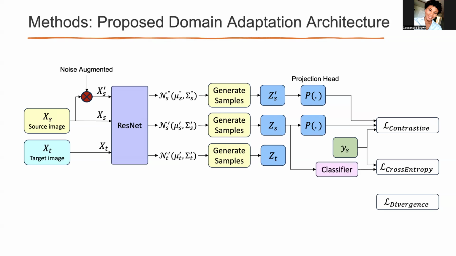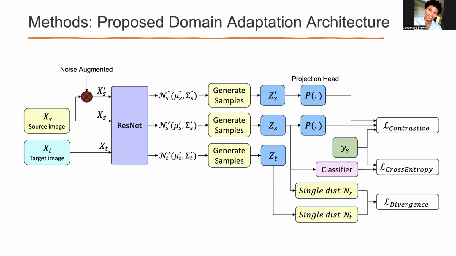And for the cross entropy loss, we only use the source original data, not the noisy version. We train a classifier so that the classifier learns the source image classification, and later we use it for the target domain. And for the KL divergence, we take the original source image samples, and we create a single distribution for each sample and pass it to the KL divergence.